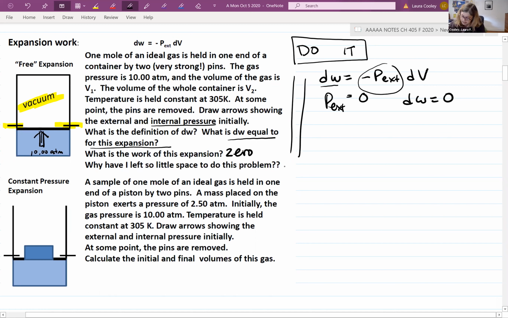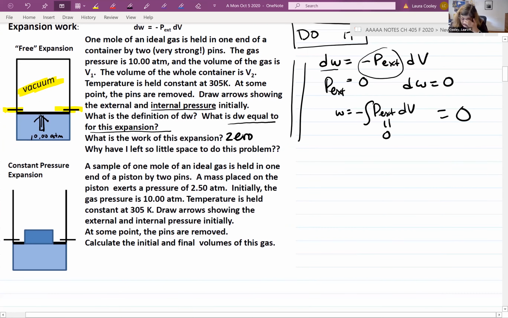It's just 0. Basically, to get the work, it would be minus the integral of P external dV, but this is equal to 0, so we're done, 0. Sorry, this would be work, not dW.